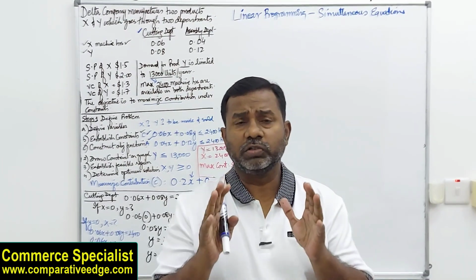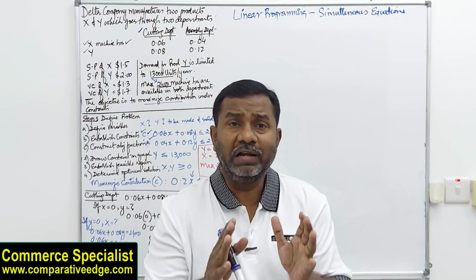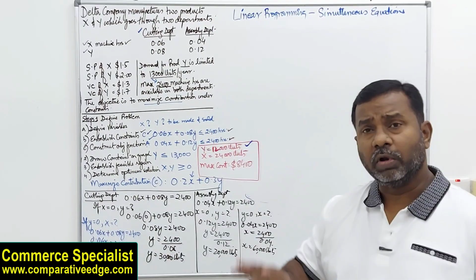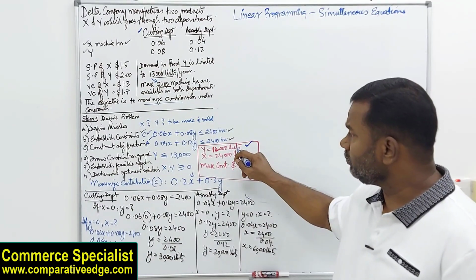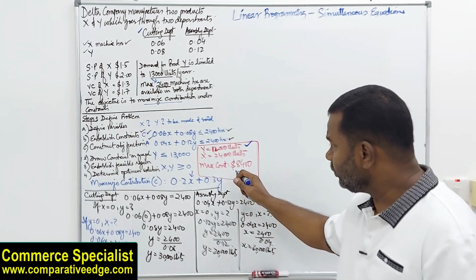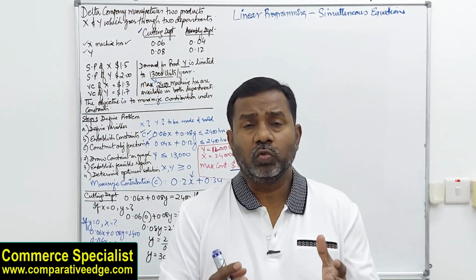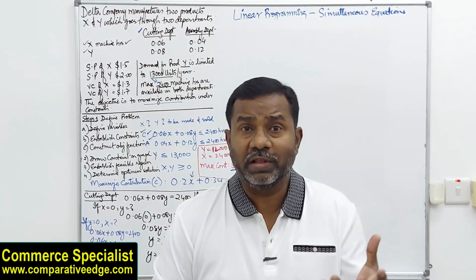Now in order to calculate shadow price, first we need to understand what our ideal combination was before. It was 12,000 units of Y and 24,000 units of X, and the maximum contribution was 8,400. Now we're assuming that 1 machine hour is available more in the cutting department.